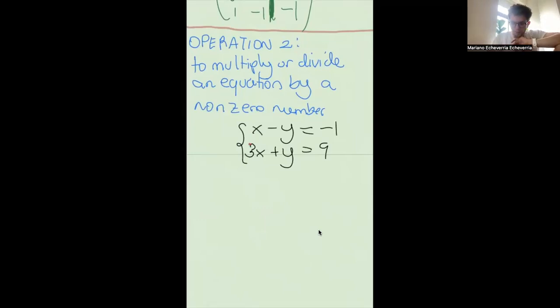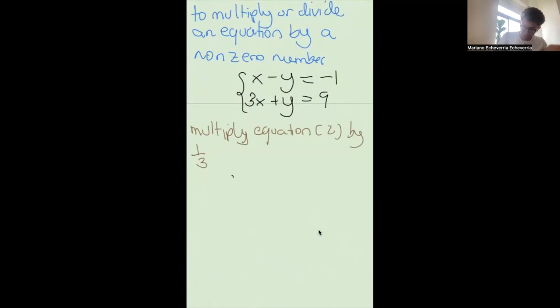You might say, I don't like the fact that this equation starts with a 3, and you may see why in a couple of minutes. So what you can do is multiply both sides of the equation by 1/3, or divide both sides by 3. So we're going to multiply equation 2 by 1/3.